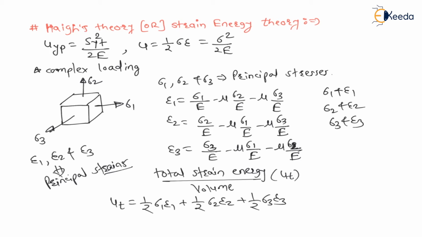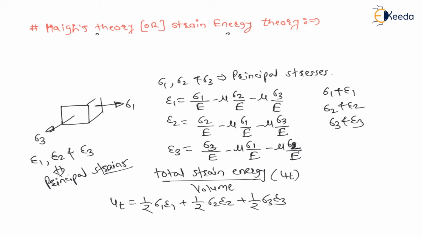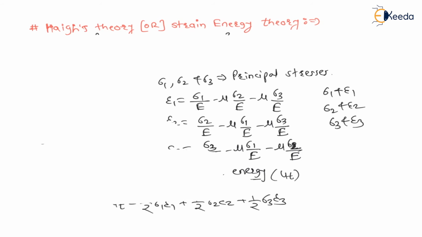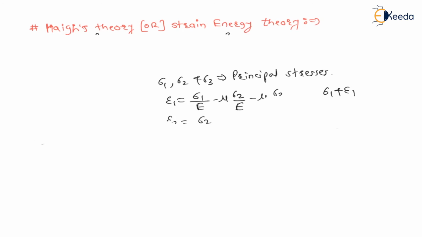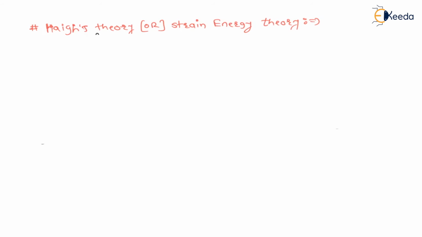Therefore, first of all, for this three-dimensional loading, we will derive the formula for total strain energy stored in the component. This total strain energy UT is equal to 1 half sigma 1 E1 plus 1 half sigma 2 E2 plus 1 half sigma 3 E3. Now put the values of the principal strains E1, E2 and E3.